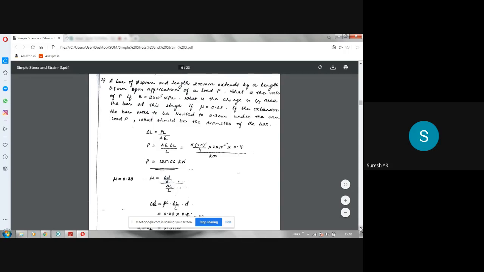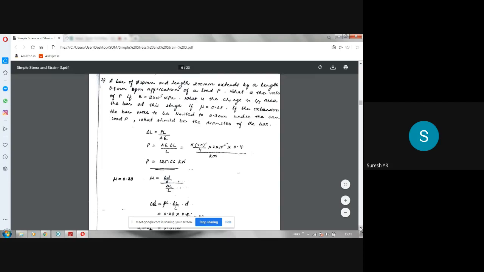That is the second step. Next, third, there are three questions in this problem. If the extension of the bar, that is delta L, is limited to 0.3 mm under the same load P, so whatever load P we have calculated, under the same load, if you want to have this extension, what should be the diameter of the bar?